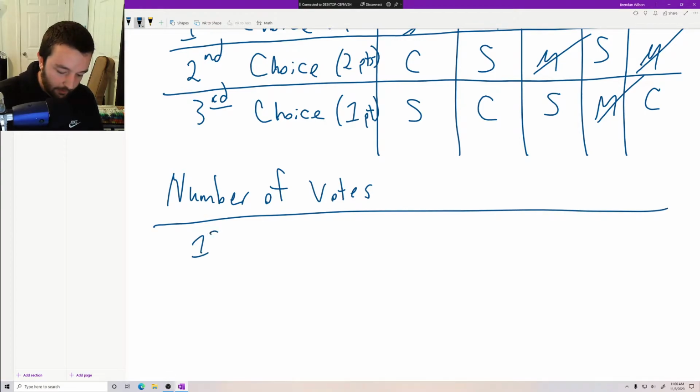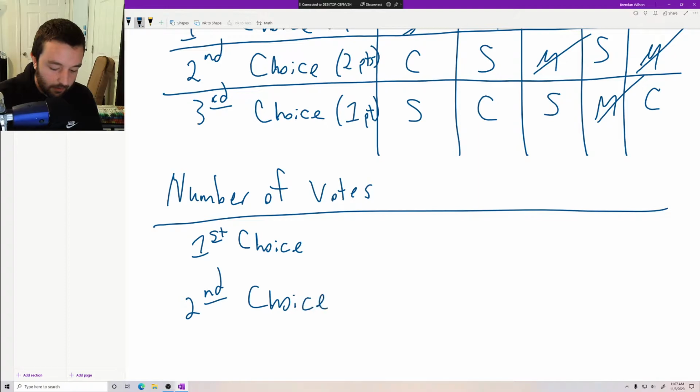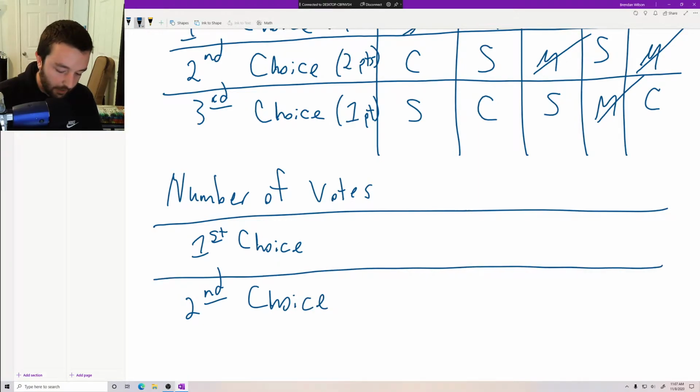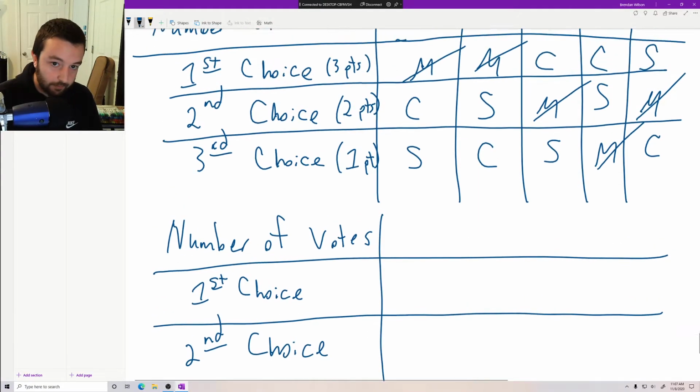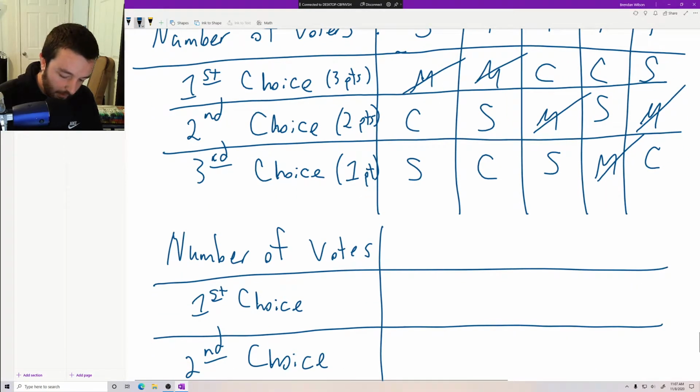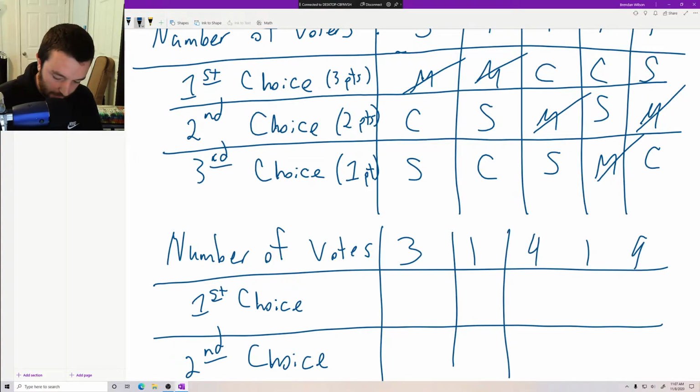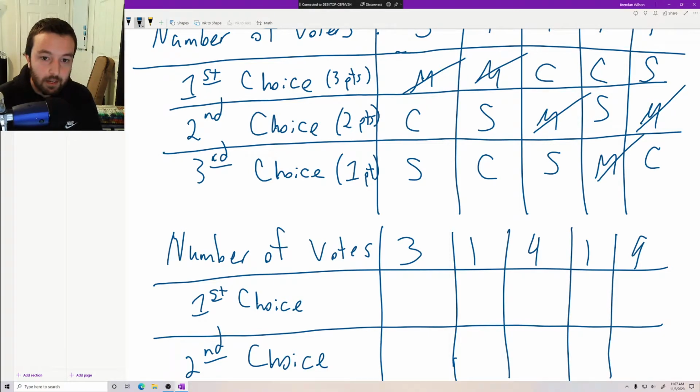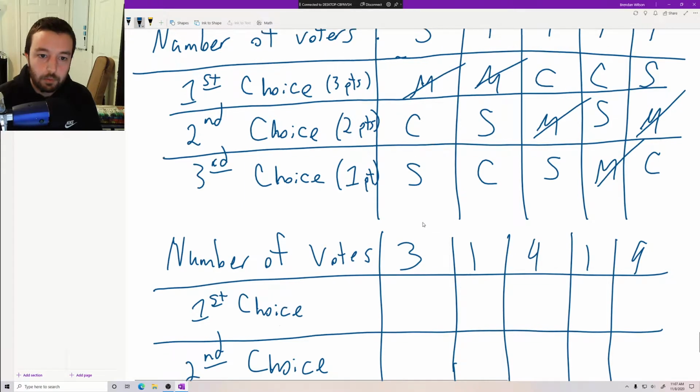So now we're only going to have a first choice and a second choice, because we're only looking at Snickers and Crunch now, right? So we can keep all these columns the same, 3, 1, 4, 1, 9. You could maybe combine some of them now, but we won't bother. It's easier to just leave it like this. And then we just move everything up to replace the Miniatures.